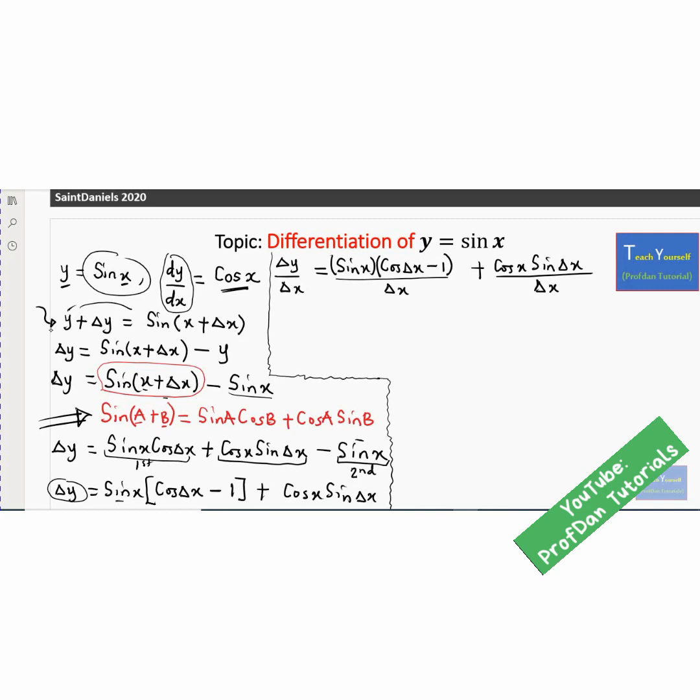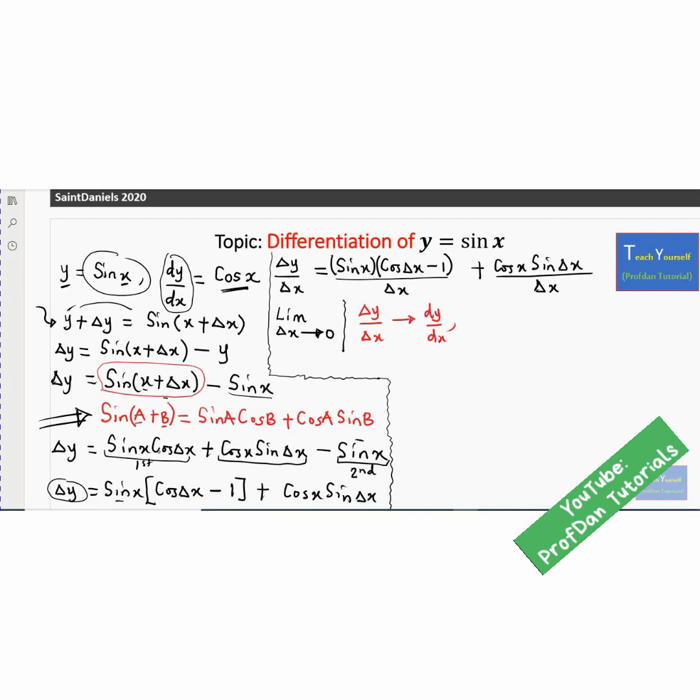From our previous lesson on first principle, when you take the limit as delta x tends to 0, delta y over delta x becomes the differentiation of y with respect to x.